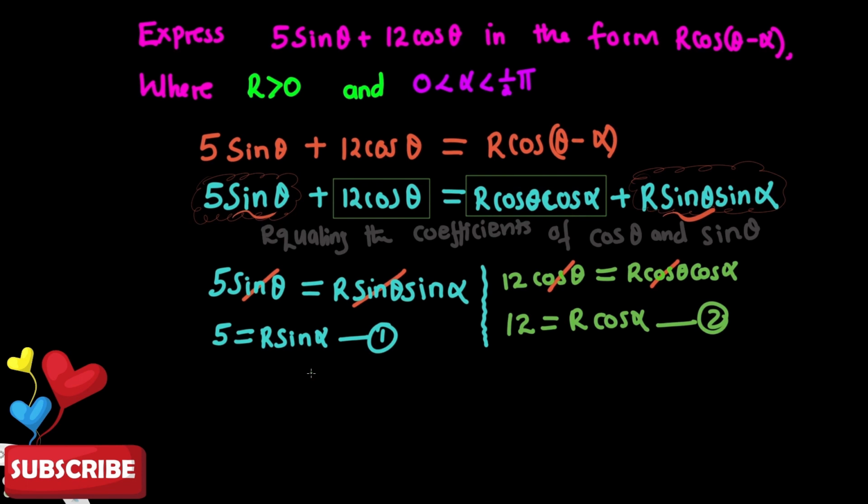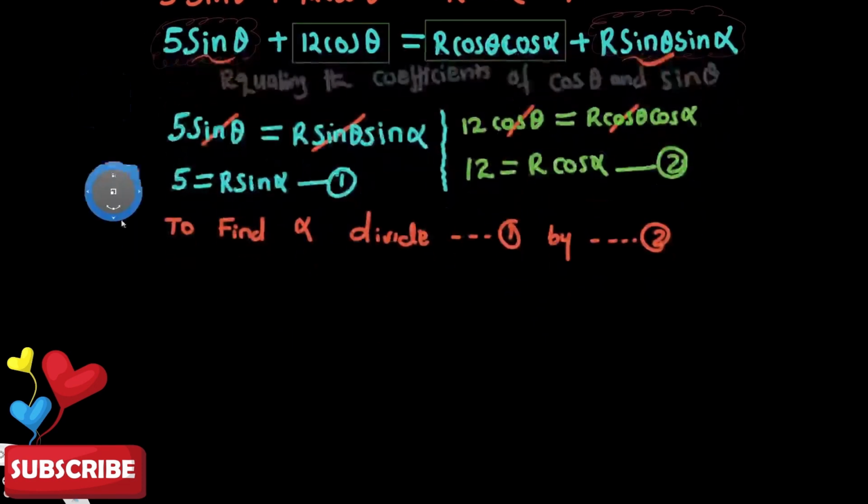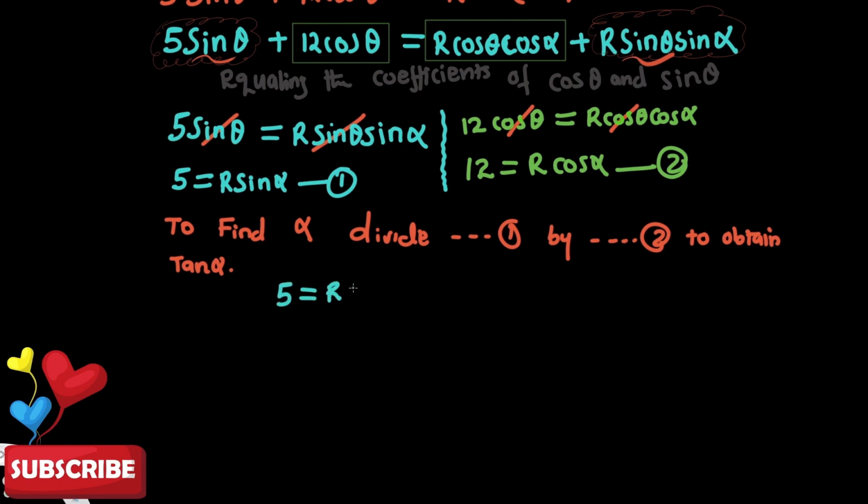meaning that we can now solve the two equations whereby we can get alpha and r. So to find alpha, we need to divide equation 1 by equation 2 in order to obtain the two trigonometric ratios in terms of tan alpha. So we can now divide this as follows, and if we cancel r, we are going to remain with tan alpha, because sine alpha divided by cos alpha is tan alpha.